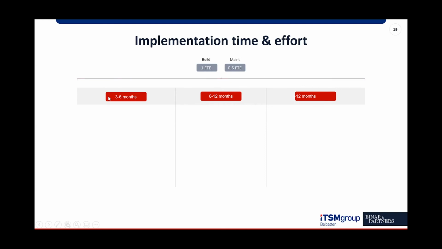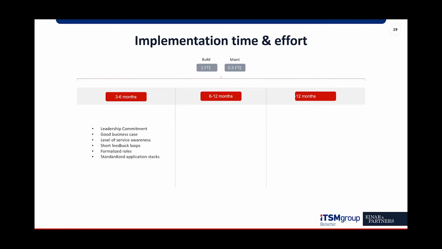And you see here some timestamps. We have 3 to 6 months, 6 to 12 months, and that should say plus 12 months. If we're looking at the very shortest path, I have seen organizations doing this entire business innovation track in roughly half a year. The determining factors there are leadership commitment, so the leadership teams are on board.